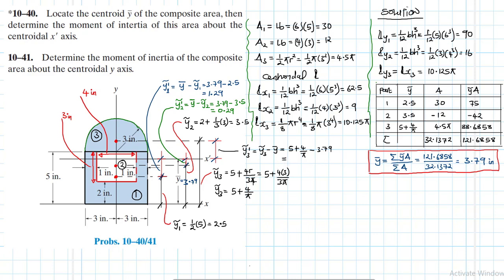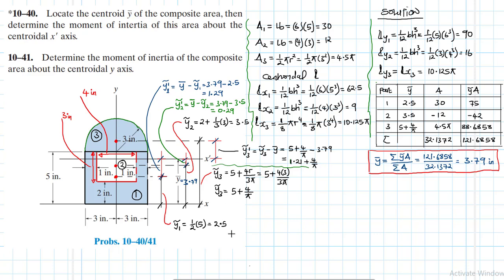This therefore is equal to 5 minus 3.79, so this just becomes a 1.21 plus 4 divided by pi. So we have all the information that we need.